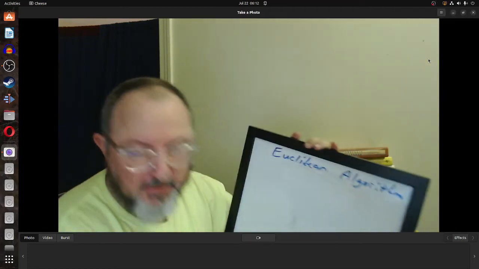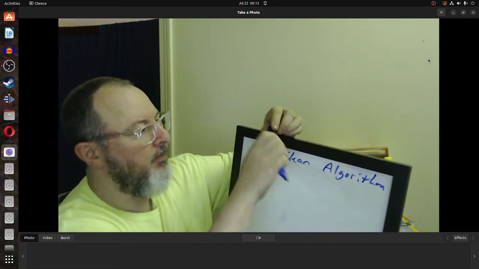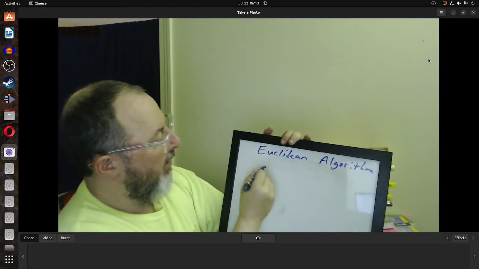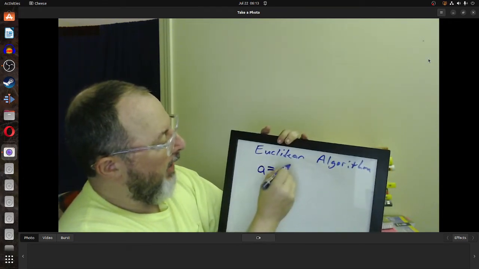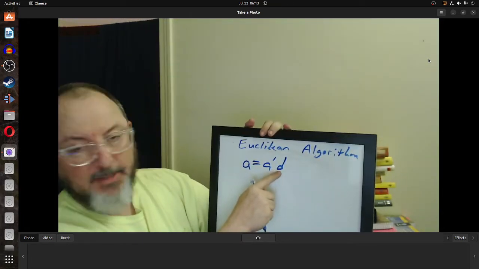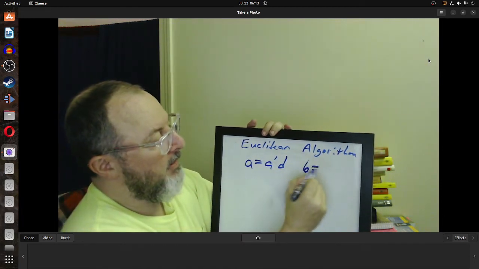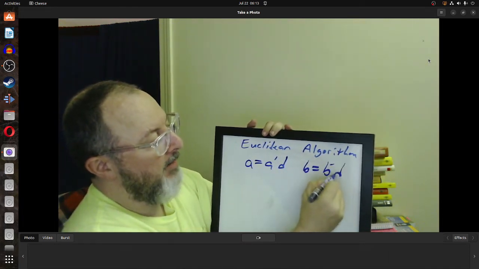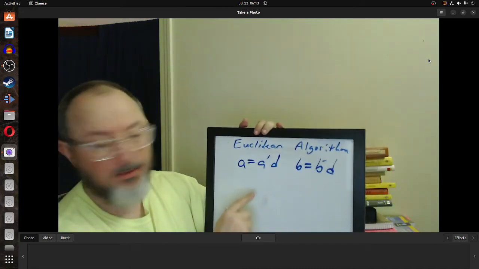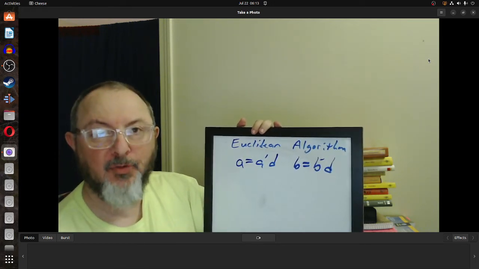So let's make sense of this Euclidean algorithm a little bit. If you let A equal A prime D, then D stands for a divisor of A, and B be B prime D. So D is the common divisor of A and B. 1 is always a common divisor, right?